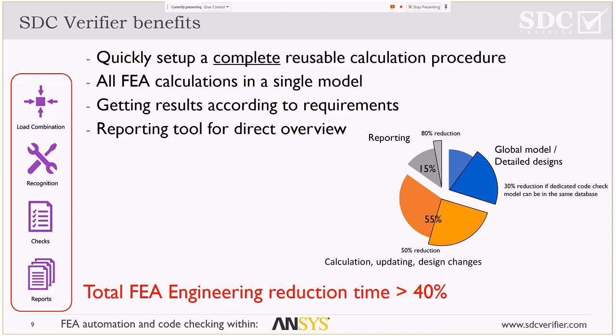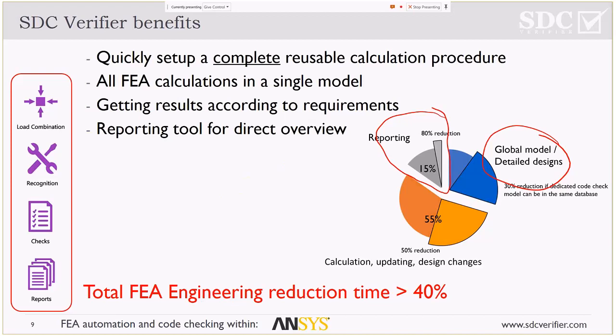So if you make an estimation of how much time you can save in a real engineering structure, if you need a separate code check program and an Ansys model, you can save in the modeling itself. But the biggest time saving is on the reporting, although that is not the biggest part of the total workflow.